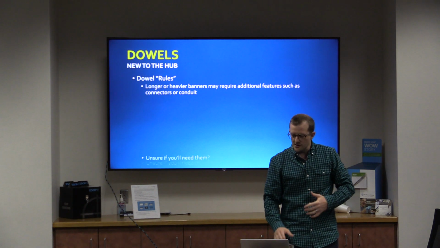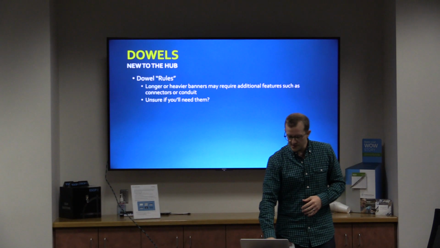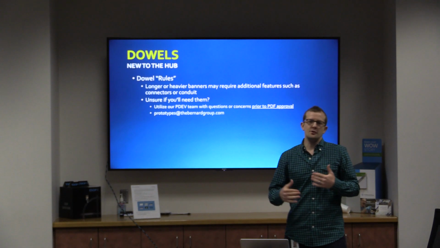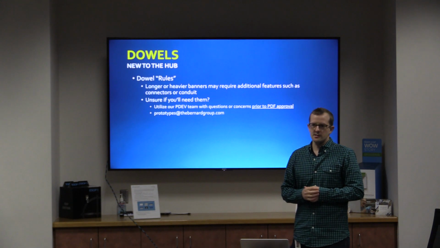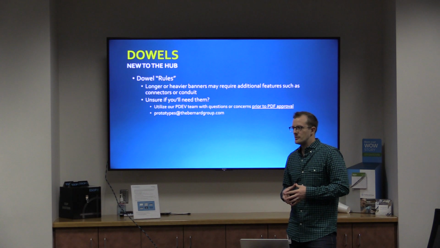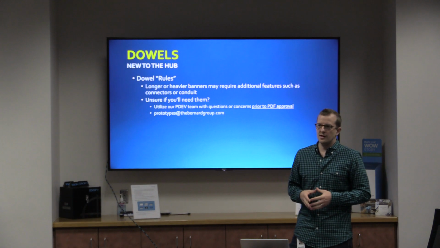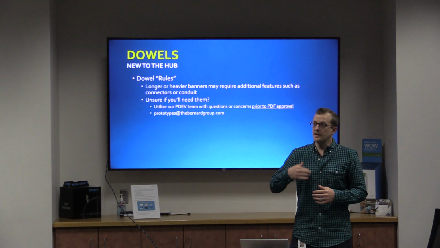If you're confused at all on what you need or don't need, and you have questions, we're asking you to do what we're doing right now, which is reach out to PDEV and ask the specialist on what is needed. Okay? And you can do that with prototypes@thebernardgroup.com. So reach out to them, ask the questions, get your answers prior to your PDF being approved.